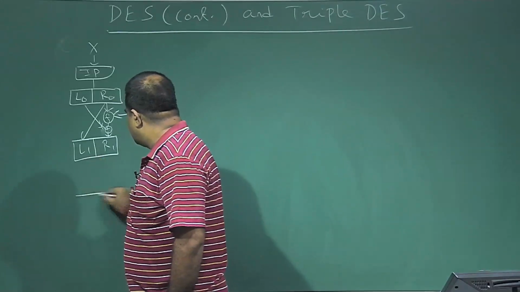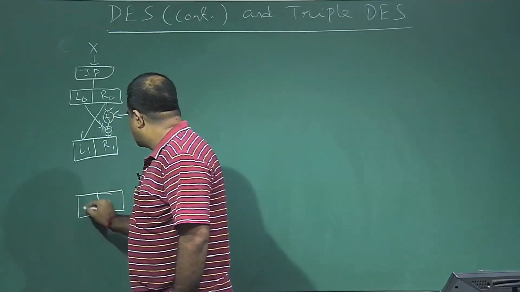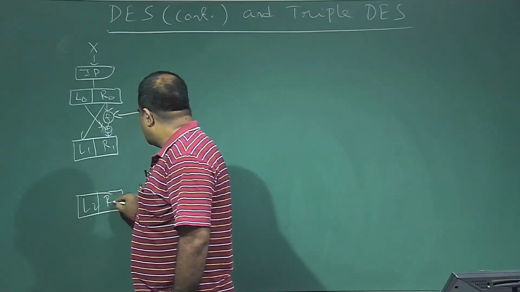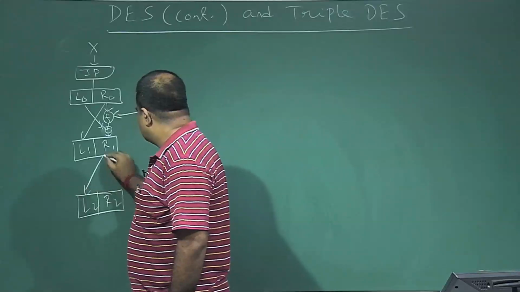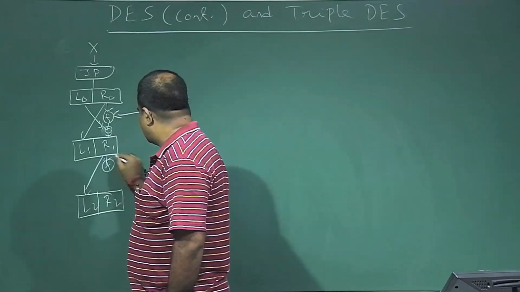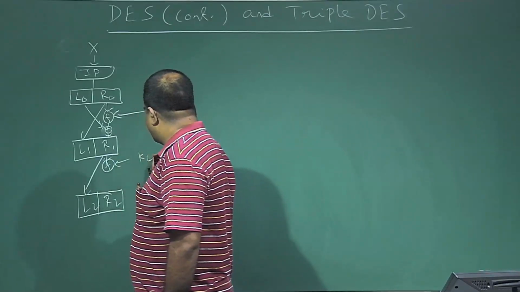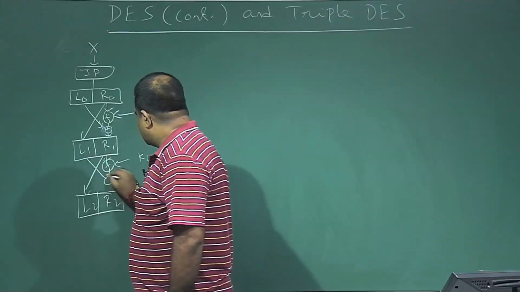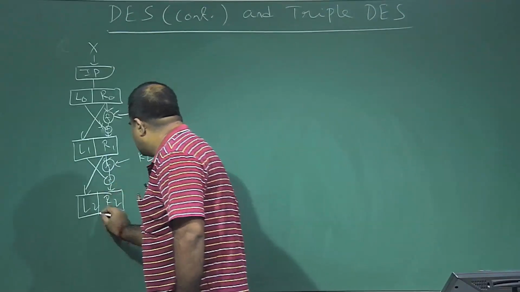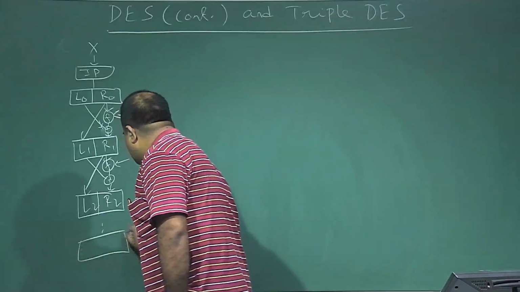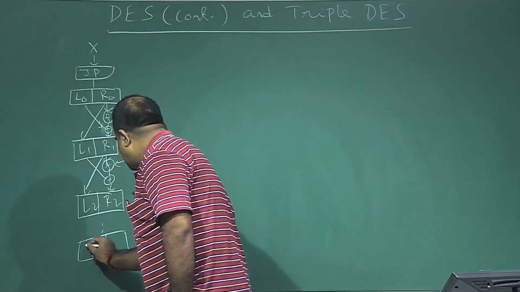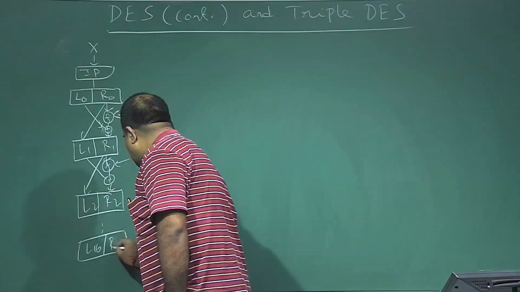So from here we have L2 R2, the same Feistel structure we are applying with K2, then we are XORing. So this way we continue up to L16 R16.